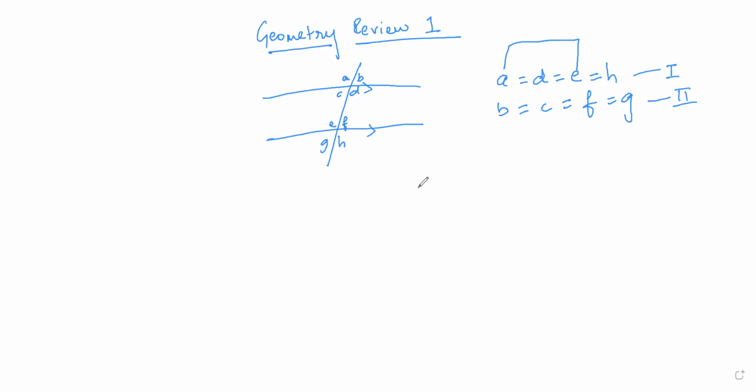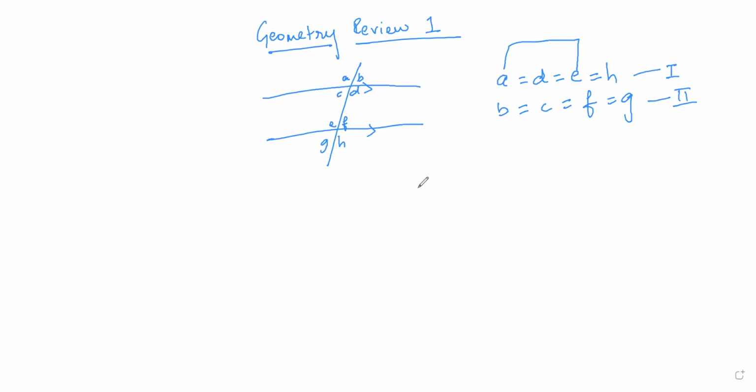Don't remember the names, vertically opposite, adjacent, and all those things. Just understand the relationship that you see in front of you when two parallel lines are drawn and a transversal line passes through it. So A, D, E, H, these are equal, one set of angles. B, C, F, G, another set of angles.